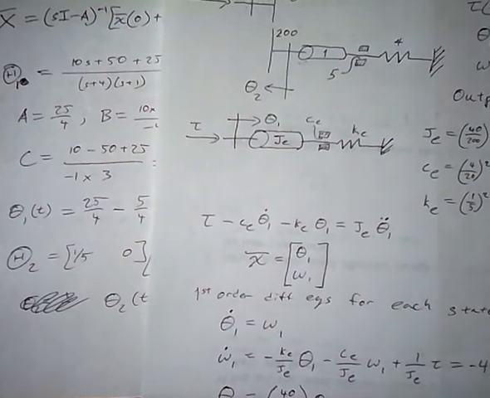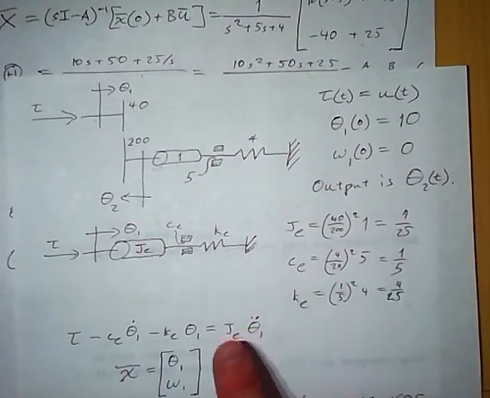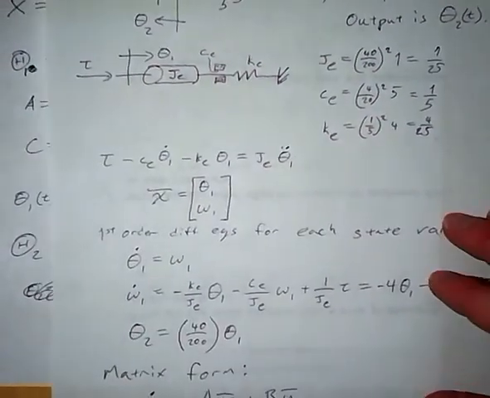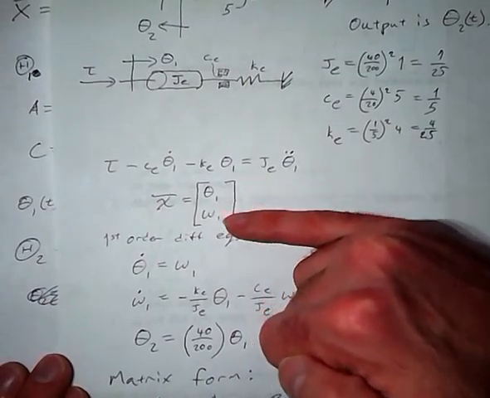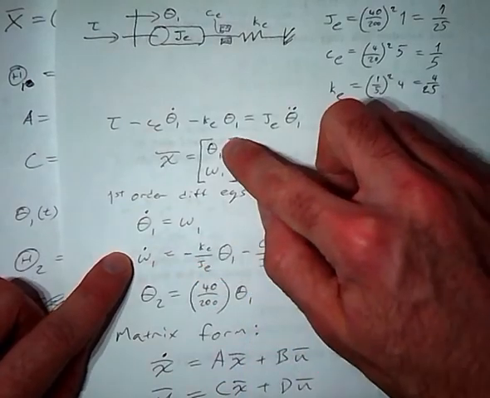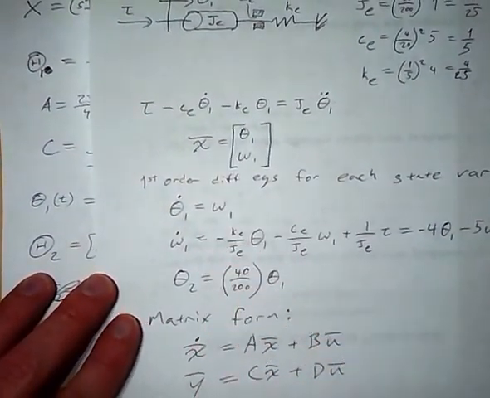So we recapped several things here: coming up with the equivalent system in order to get the differential equation on the input shaft, determining our state variables, theta 1 and omega 1, writing our two first-order differential equations for our two state variables, and then the output equation.